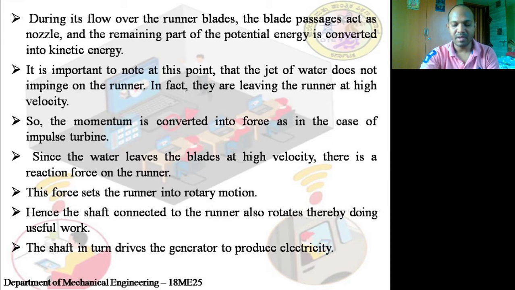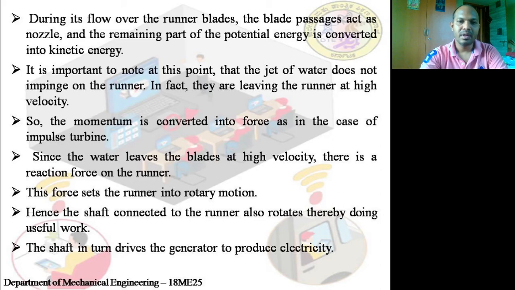So that means we are getting the energy both by impulsive force of action as well as the reactive force of action. By both the methods, we are going to harness the energy which is there in the water into mechanical energy.